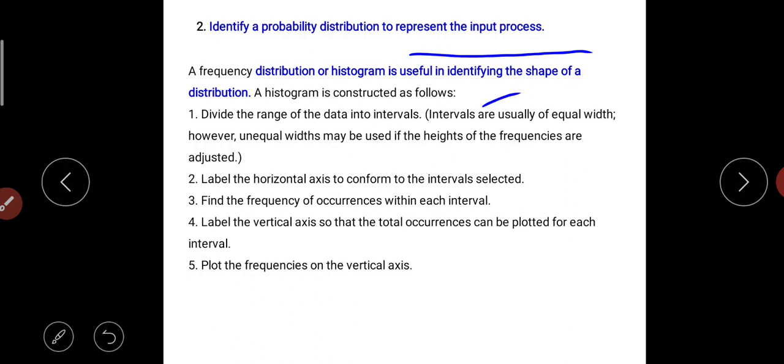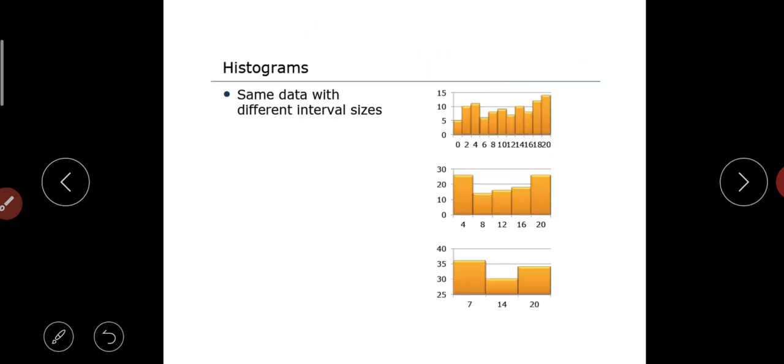These intervals may be of equal width or unequal width. Second, label the horizontal axis to conform to the intervals selected. Then find the frequency of occurrence within each interval, label the vertical axis so that the total occurrences can be plotted for each interval, and finally plot the frequencies on the vertical axis.